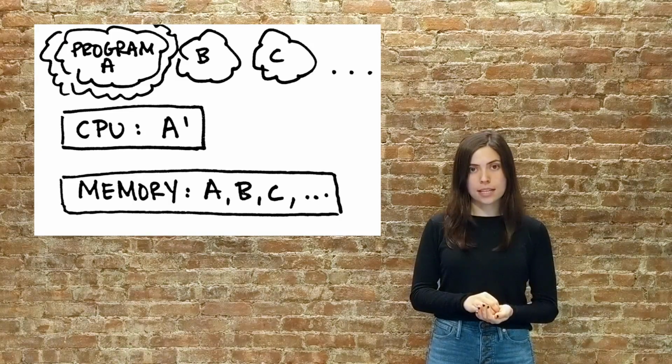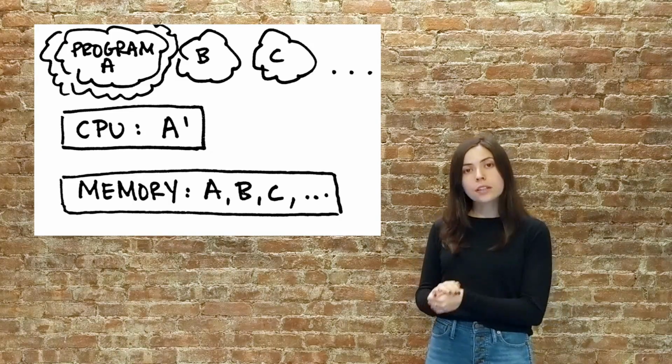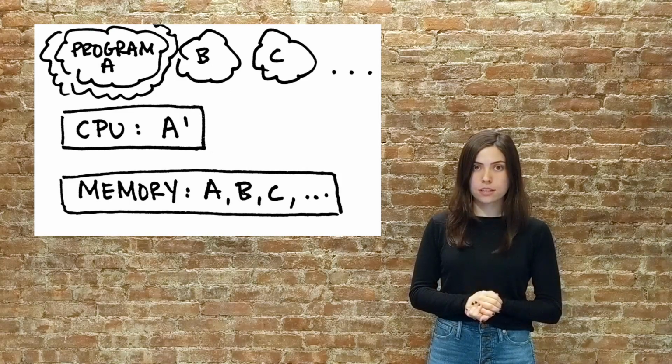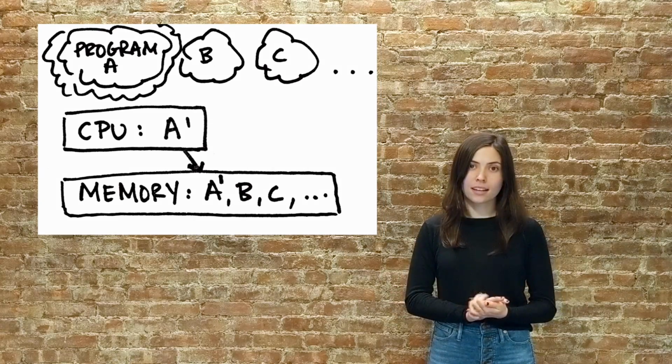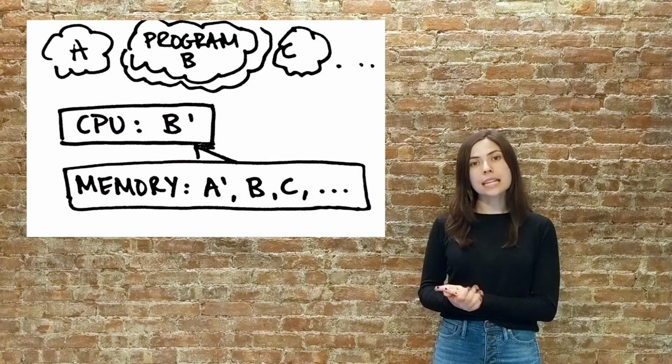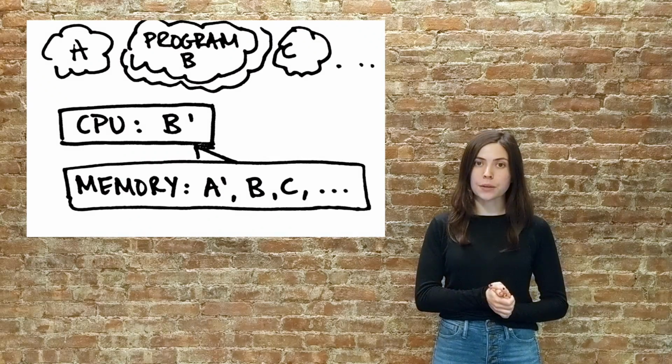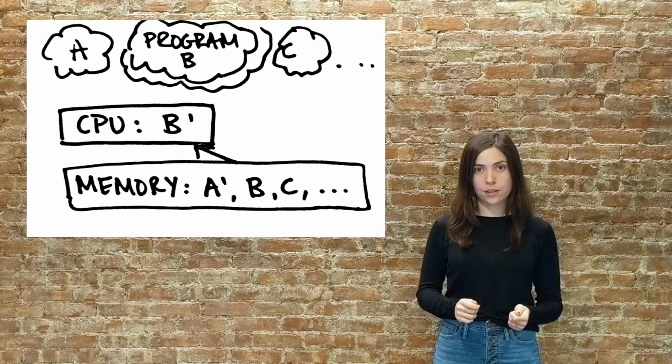Operating systems don't actually run more than one program at the same time. Instead, they offer the illusion of multitasking. To do this, the operating system periodically interrupts the program that's running. The current state of the process, which is the data that's currently stored in the CPU registers, is then saved into memory. The operating system can then load the state of another process into the CPU and let that continue executing.